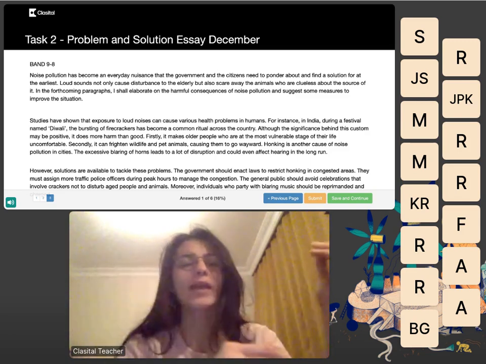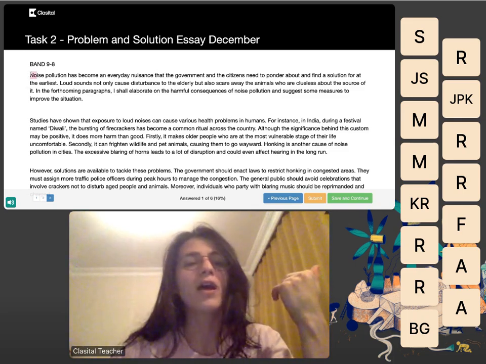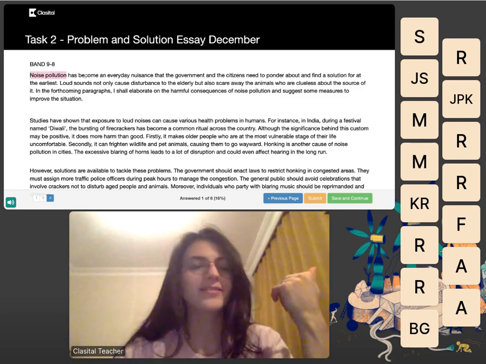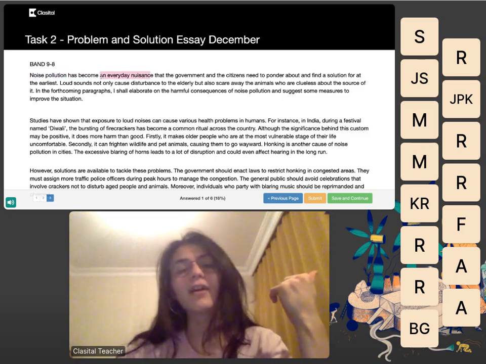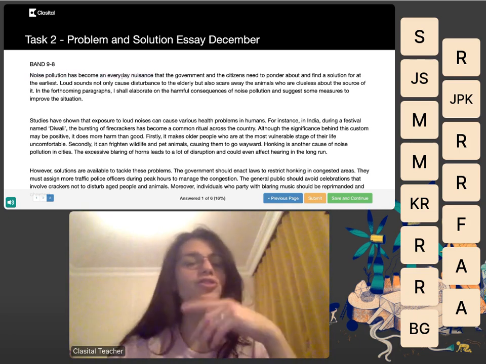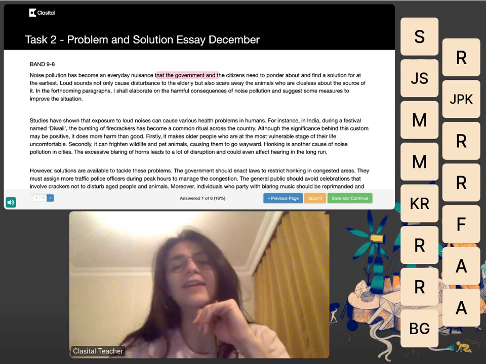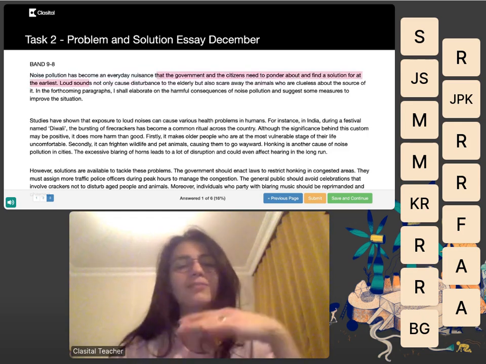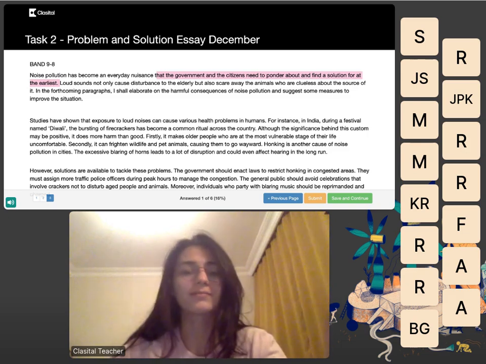So you need to always follow that structure. For this one, for example, noise pollution is the subject, has become is the verb, and everyday nuisance is the object. But of course, since we want to show off our English grammar, we say that the government and citizens need to ponder about and so on. We make it longer using a relative clause.